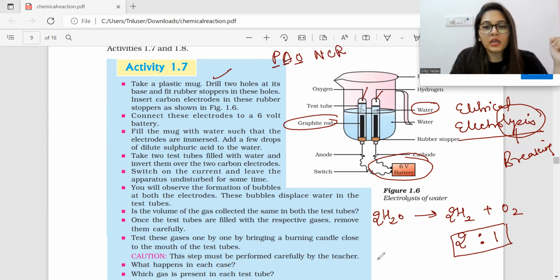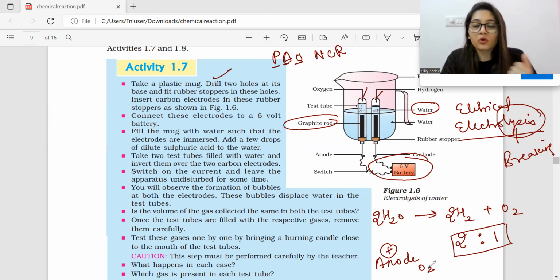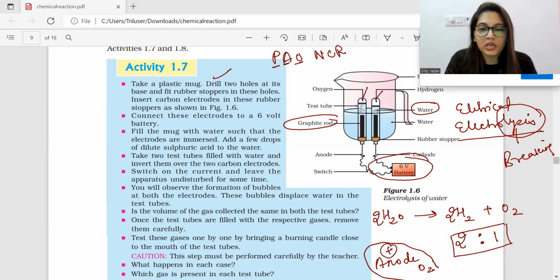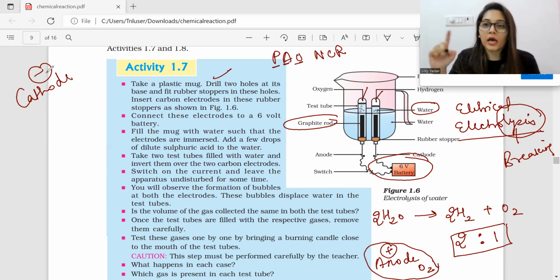That means on the anode, which gas is going to go? Because the anode is positive, oxygen goes there, because oxygen generally carries a negative charge. Here in O2 it is 0, but otherwise oxygen carries a negative charge. So you can learn it this way: oxygen will go on the anode side. And if we talk about the cathode, the cathode carries a negative charge, and that is the reason the hydrogen gas will be collected there.